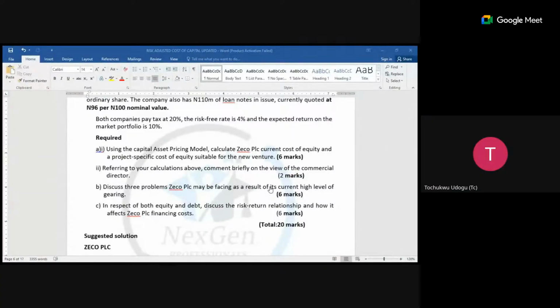As a result of high gearing, the equity investor will request for more return on their investment.